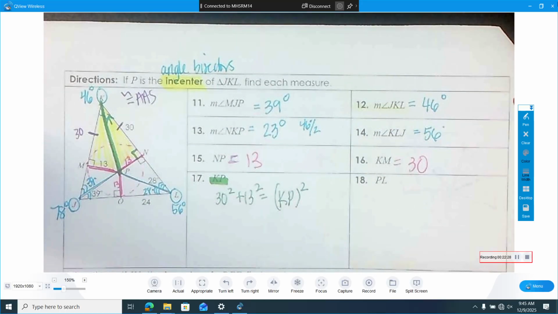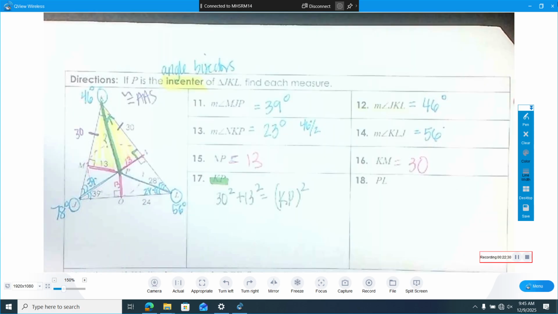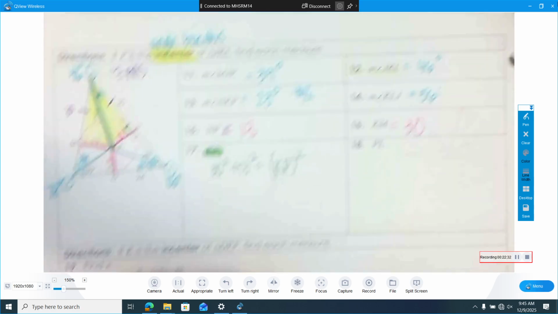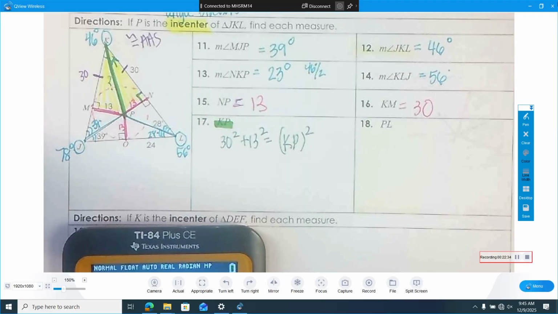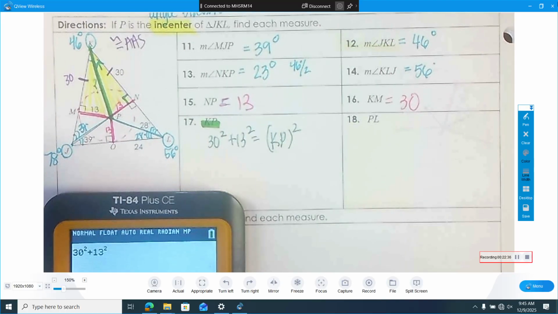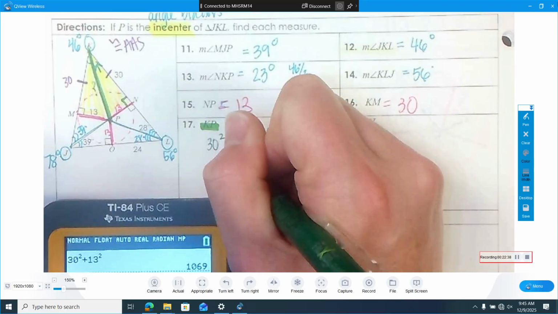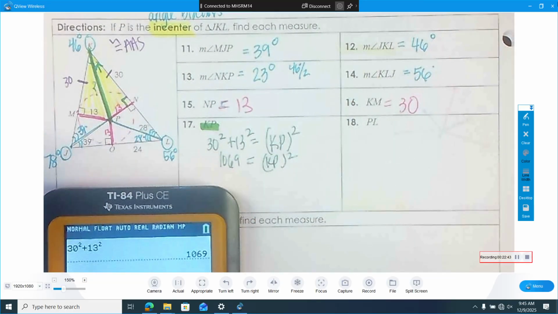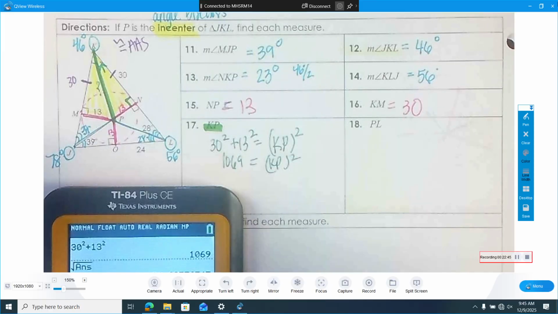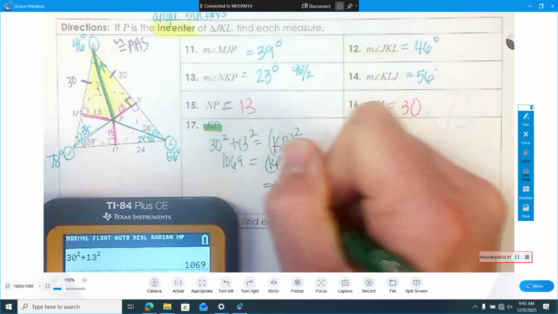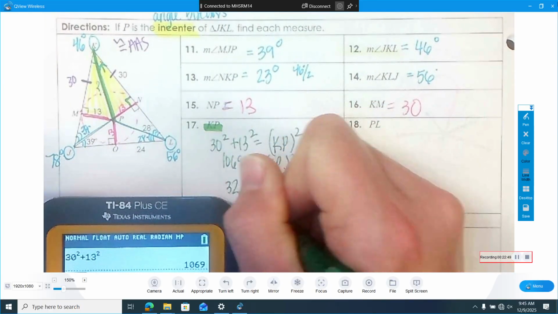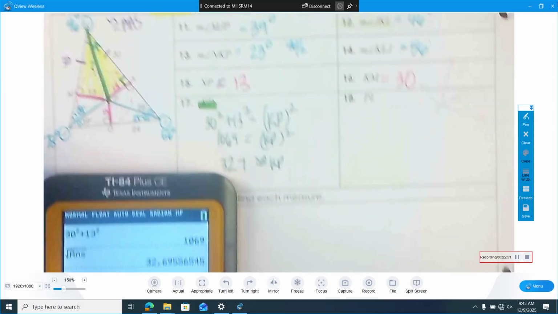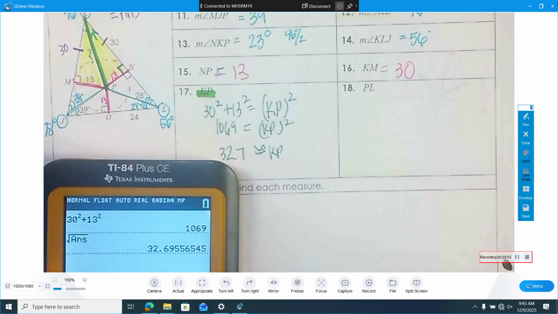All right, so 30 squared plus 13 squared is 1069. And then we square root that. And so KP is approximately 32.7.